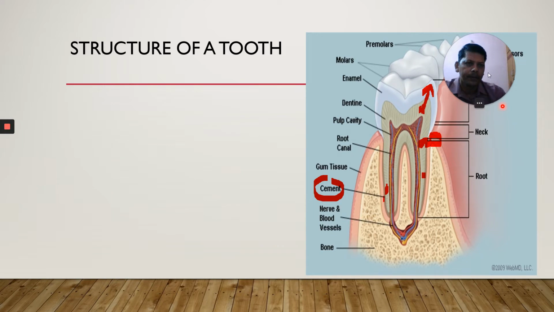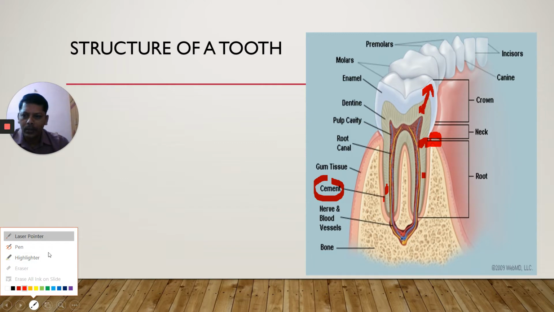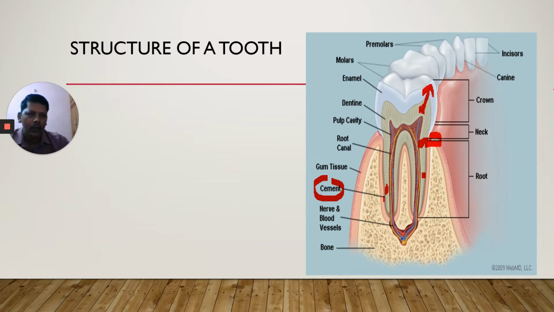Observe here. There are three parts here. What are they? Crown, neck, and root. What are the three parts in a tooth?